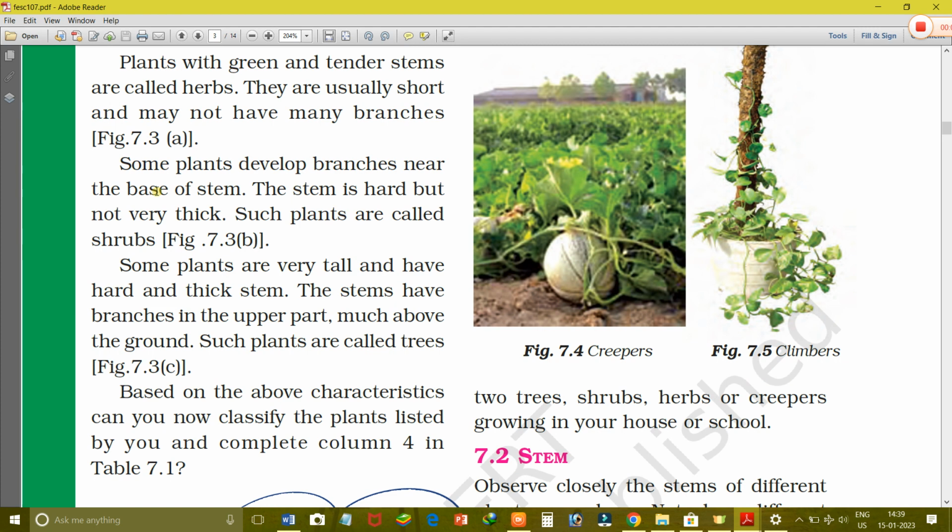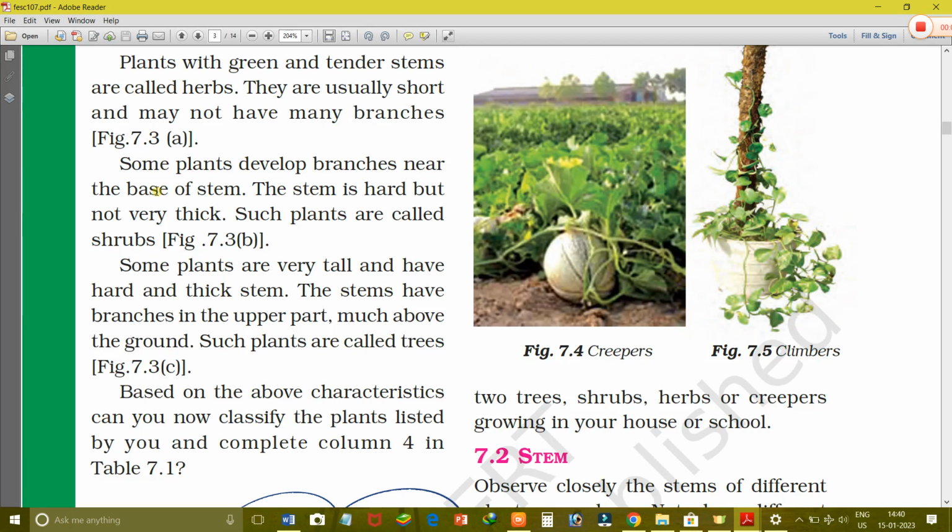Plants with green and tender stems are called herbs. They are usually short and may not have many branches. Some plants develop branches near the base of the stem. The stem is hard but not very thick.